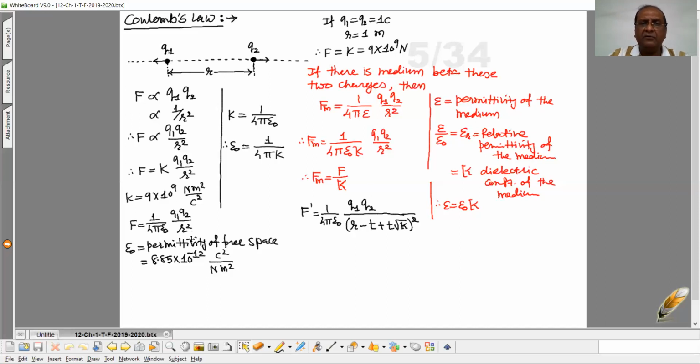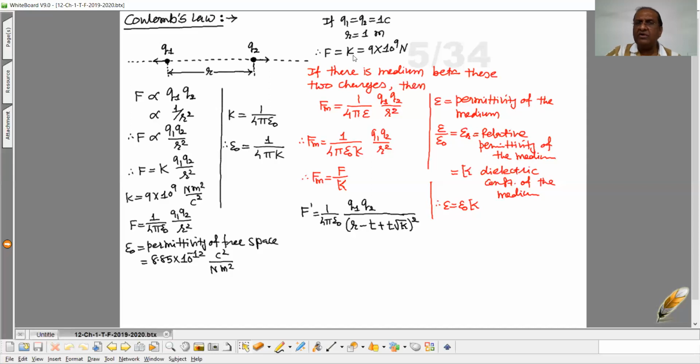Now, with the help of this particular equation, one can give the definition of 1 Coulomb amount of charge also. How? Suppose we take the charges Q1 and Q2, both equal to 1 Coulomb and separated by 1 meter.